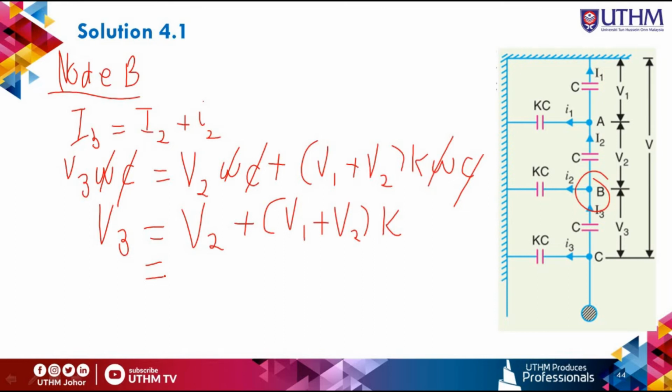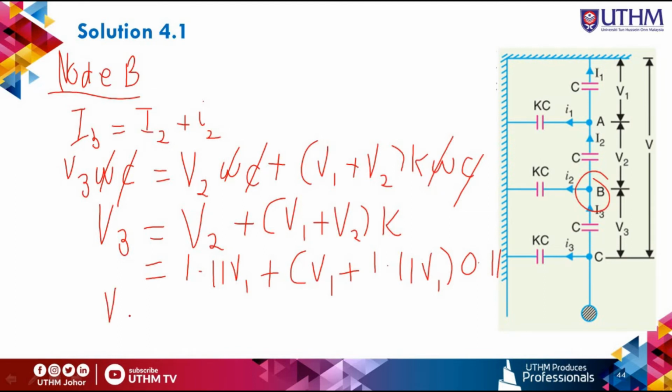We look at the previous equation. V2 equals 1.11 V1, so V3 equals 1.11 V1 plus (V1 plus 1.11 V1) times 0.11.